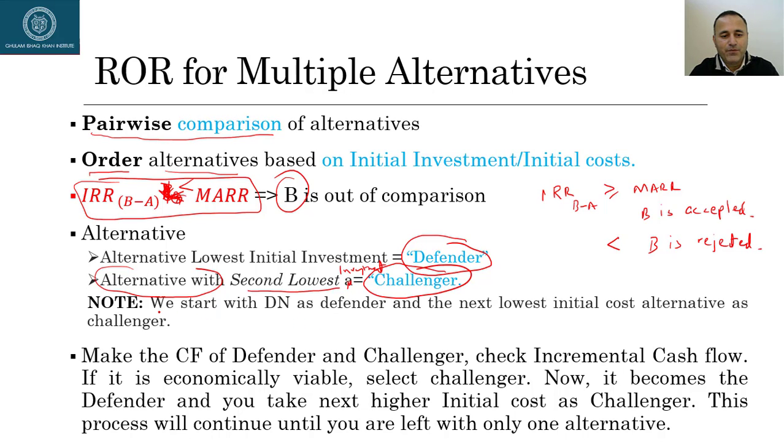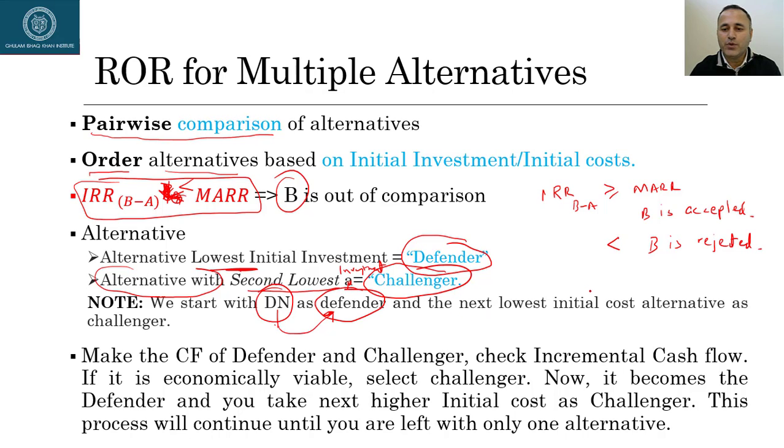But please remember that at one point in time, I told you that do nothing is also an alternative. So I always start with DN as a defender, because DN involves zero investment. So it is the lowest investment, and that's why it's the defender.